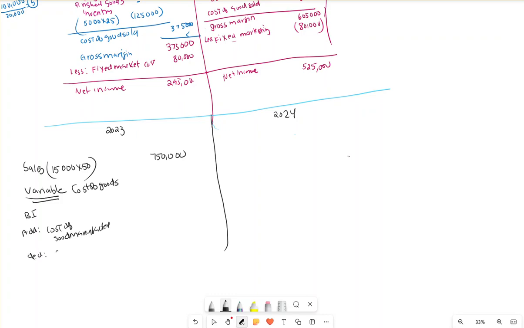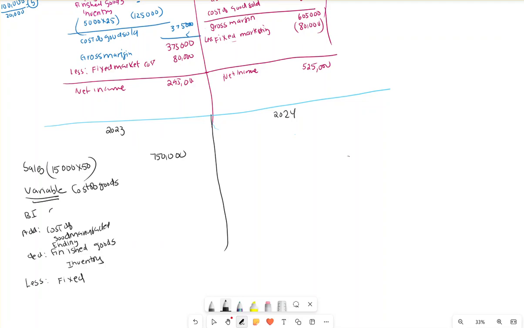That didn't change, but the cost will change. And then we are going to less my fixed cost. Doesn't matter if it's a manufacturing or not, we have to separate them.